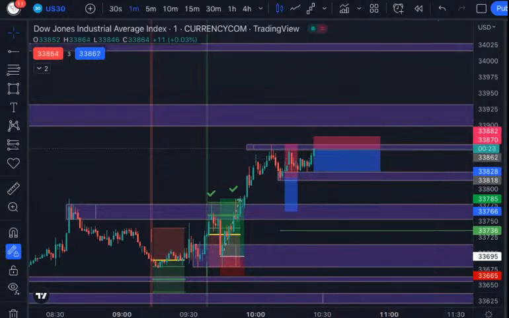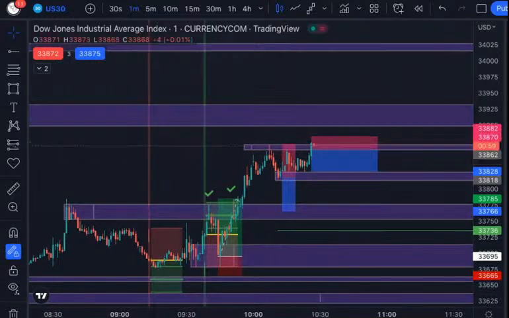All right. We're gonna sell right there. I'm actually hoping it holds. It has to hold. There goes that break above. There we go.